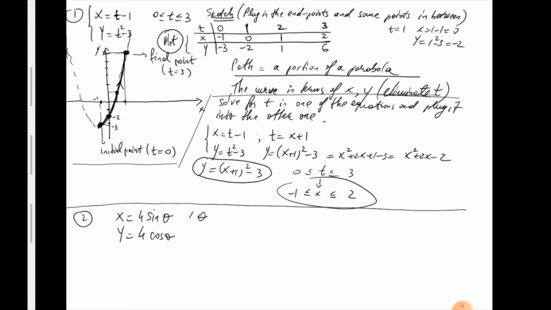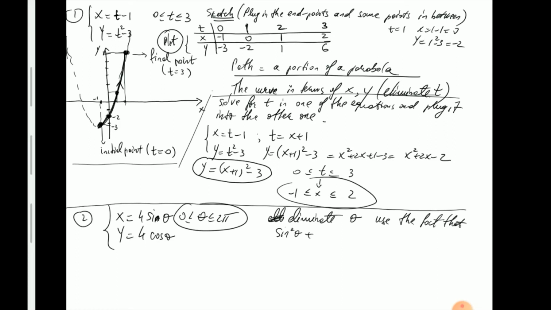Now let's say theta is between 0 and 2 pi, right? So that's the parameter domain. So when you have things like that, and the question is to eliminate theta, use the fact that sine squared theta plus cosine squared theta is equal to 1. That's the easiest way to eliminate the parameter.